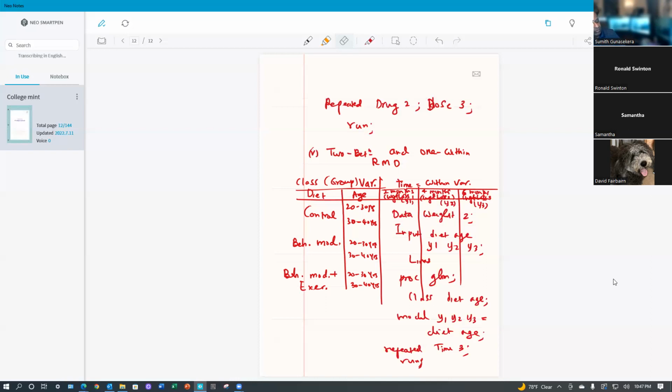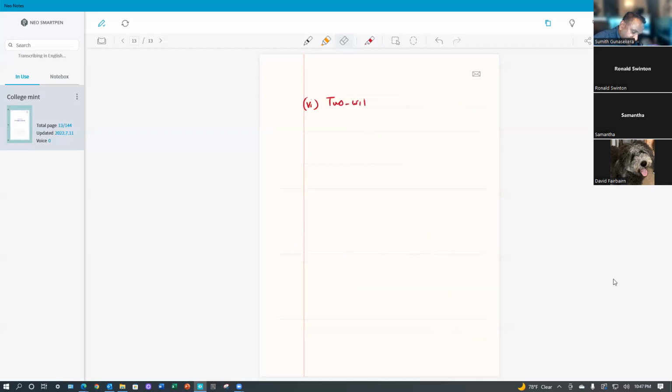And the last one would be 2 within and 2 between. So this one I'm not gonna write the SAS code for, the last one, 2 between and 2 within. Repeated measures design, think about that.